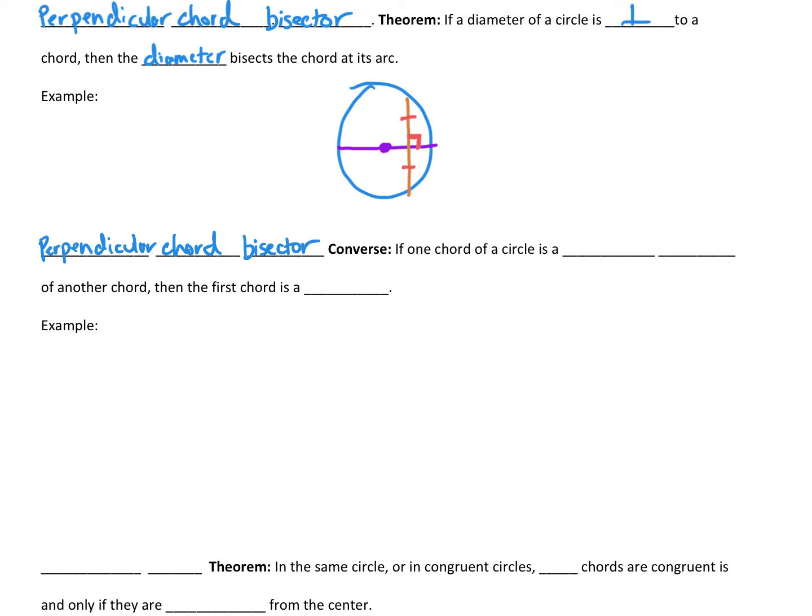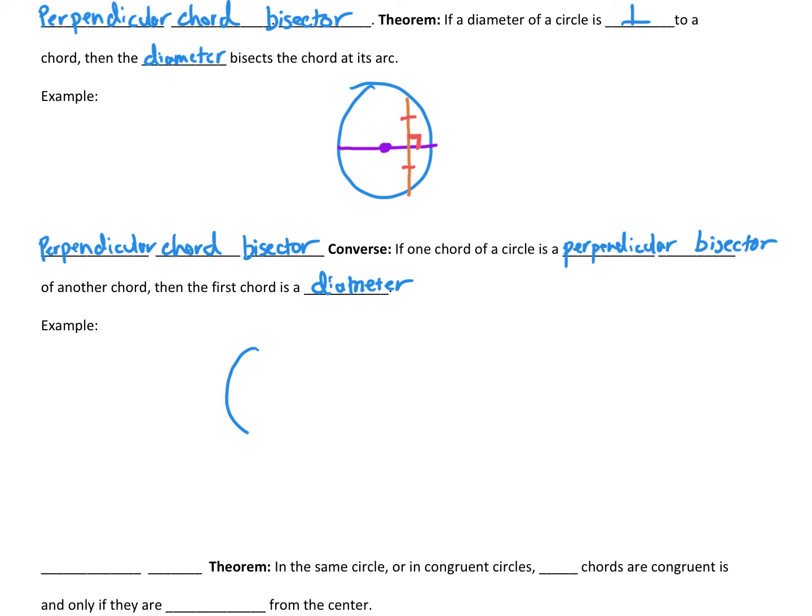So it says if there is a perpendicular bisector of a chord, and that happens to be a chord, then we can say that the perpendicular chord that is bisecting the other chord is the diameter.